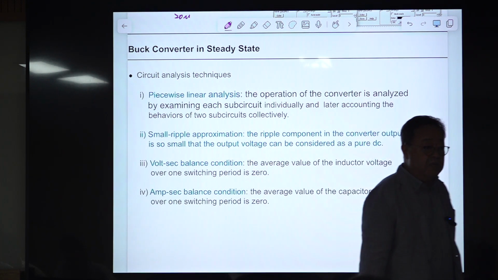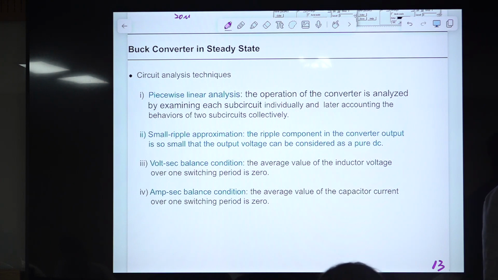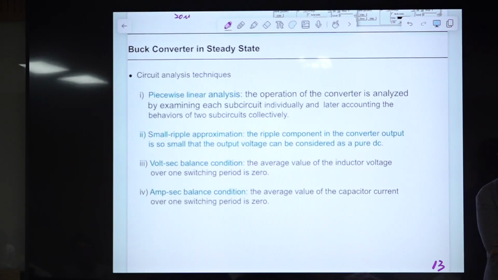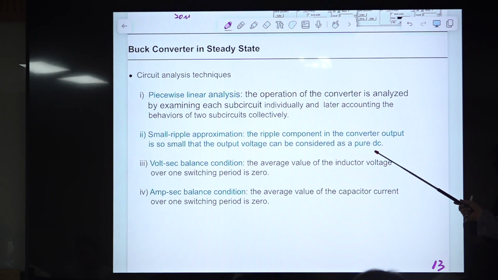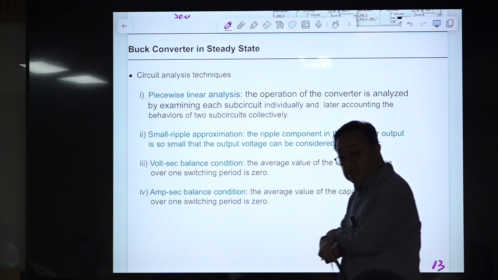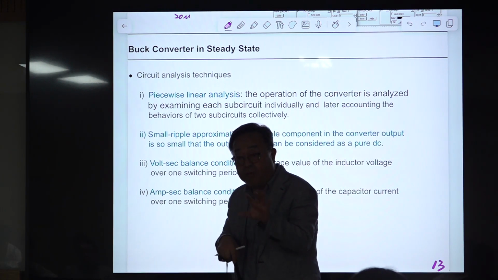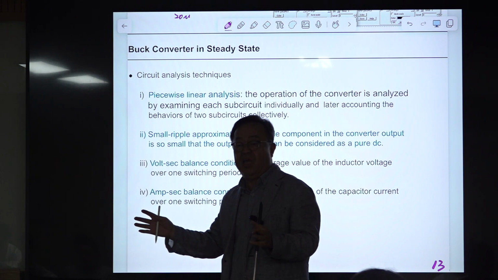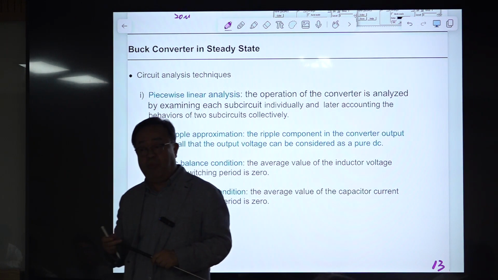So it is very easy to use, easy to remember, and understand. Why is this still useful? As I said, in the output of a converter, there is always AC ripple. So for exact circuit analysis, you should consider all the ripple components to have an exact expression for the output voltage.